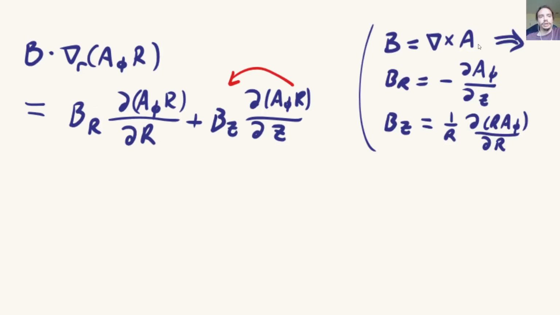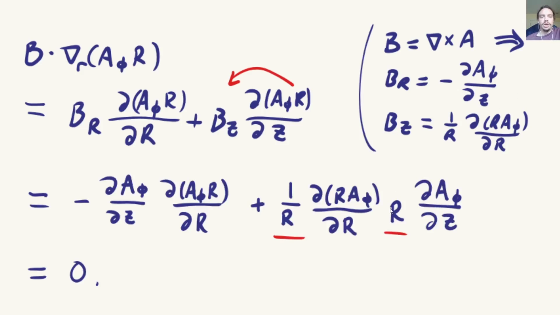Because B was equal to the curl of A, B_r is minus dA phi/dz, and B_z is 1 over r times d(r A phi)/dr. This is the curl in cylindrical coordinates. And we can substitute these in. R and 1 over r cancel, and the remaining terms are actually the same thing. So we get 0.